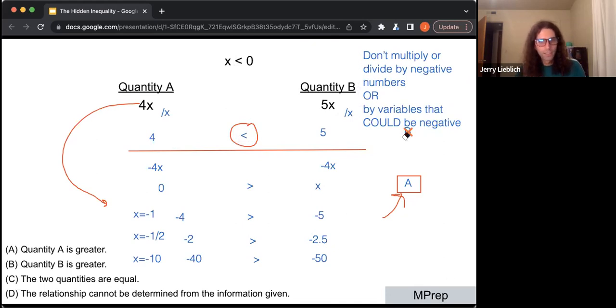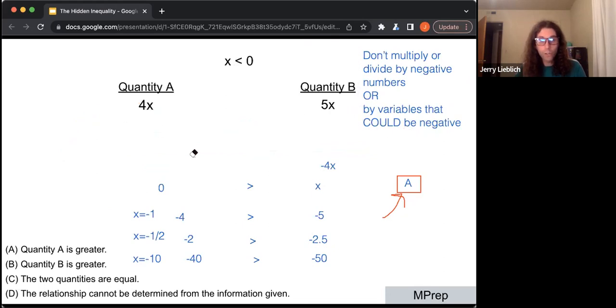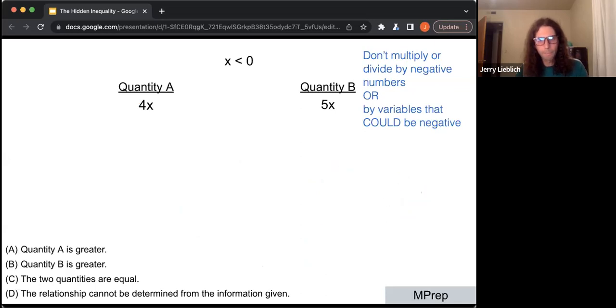Now, I want to focus on this idea that it could be negative. So let's change this problem just a little bit. If we got rid of that, I could still run into the same problem, where if I divide by x, I get 4 and 5. B looks like my answer.